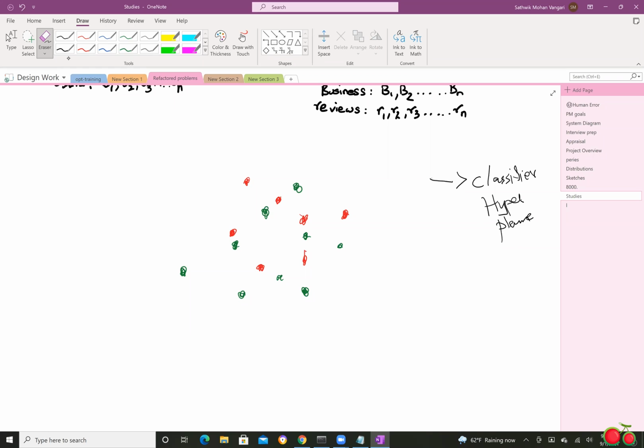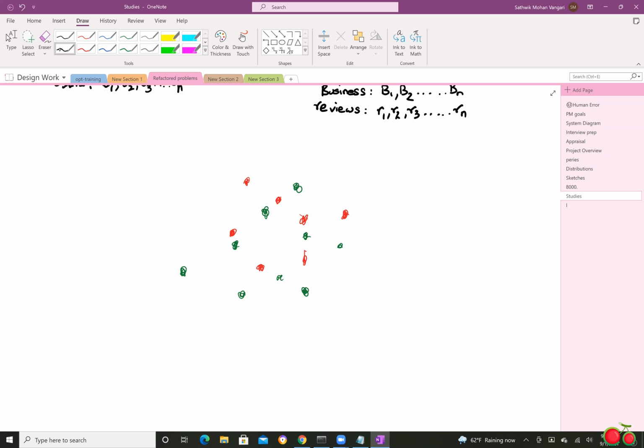It's overlapping, right? So the data is heavily overlapping. There are green dots, there are red dots, all in between each other. How am I going to draw a decision boundary that actually separates these two groups of data and gives me a nice division?